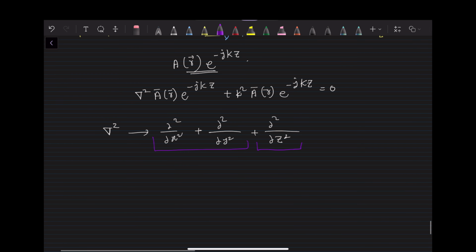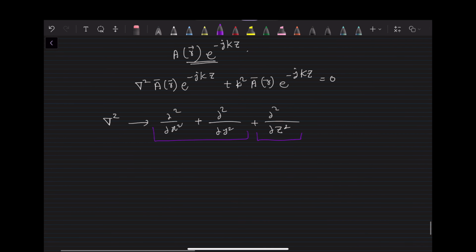So now we can have something called the transverse Laplacian operator. This part is the transverse Laplacian operator, and we can designate this as such.